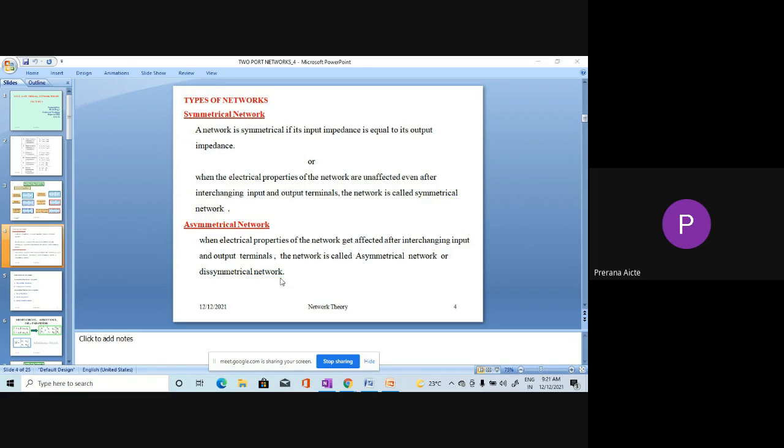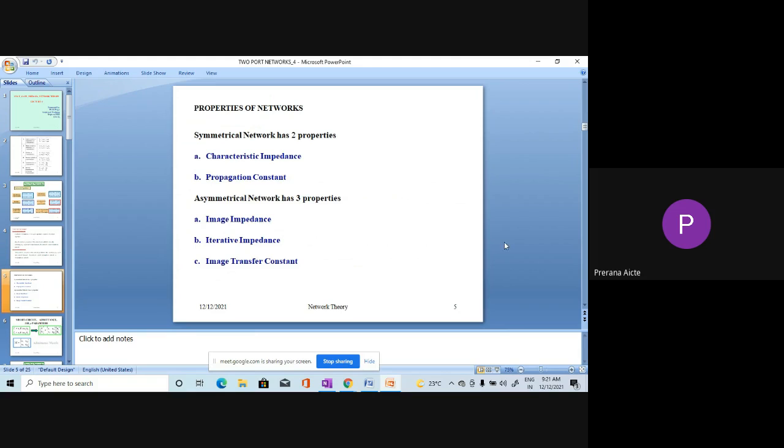So let's see some of the properties of your electrical networks. Yesterday we got this question from one of the students, and I'm just addressing it. We have two properties for a symmetrical network: characteristic impedance and propagation constant.